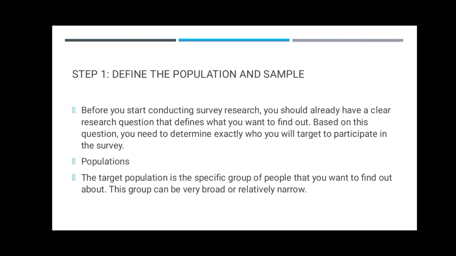Either you include the whole population or you include only the sample. We should already have a clear research question that defines what you want to find out. And the target population is a specific group of people that you want to find out about. This group can be very broad or relatively narrow.